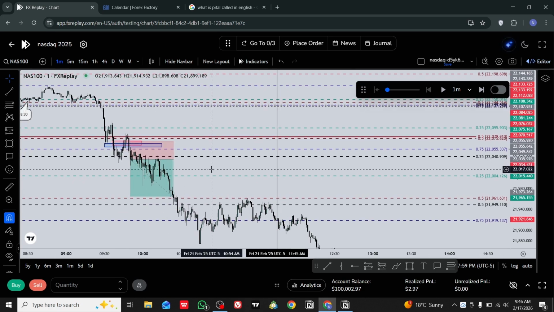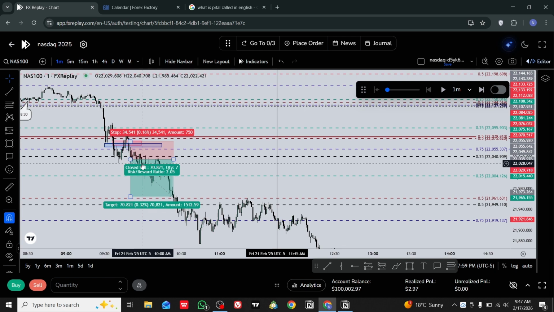I already knew the bias, I entered, and the third thing is the stop loss. Is it on the logical area? If not, the other two things won't matter. And as happened today, I set the stop loss to break even. It's not about the stop loss in this, but how I set the stop loss after the move. So the first stop loss was here. This was logical. So if it had gone wrong, it would have gone wrong.